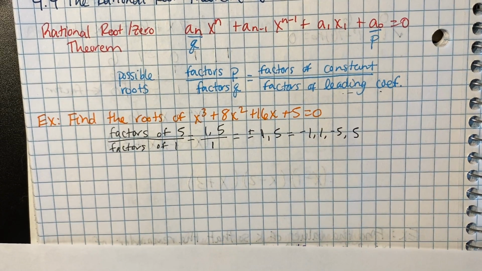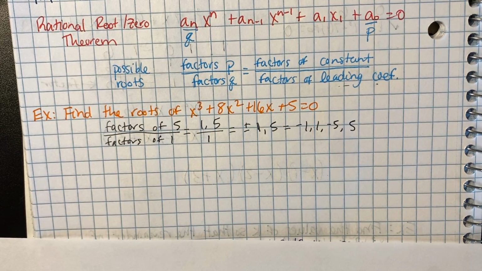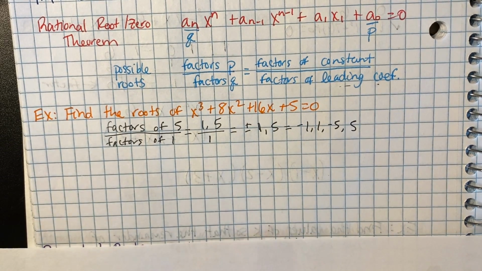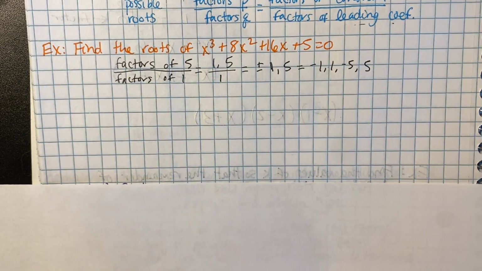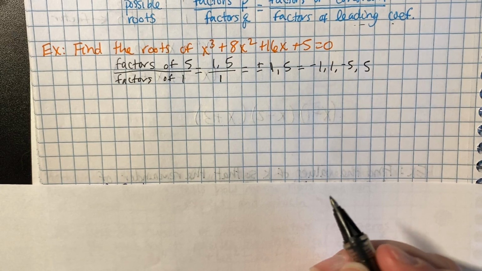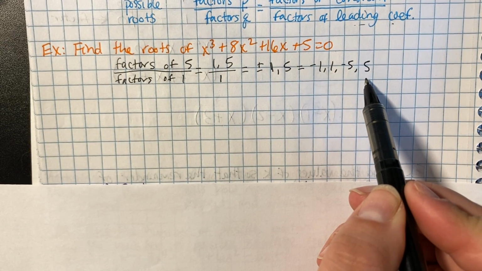So those are possible roots, if it's a rational number. So what we're going to do is we've already used the rational root theorem. So now we are going to use synthetic division, and we're going to try out these numbers and see if any of them work.